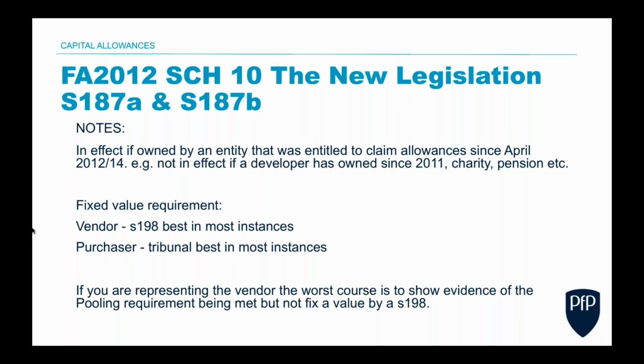Now that's generally very good news for the purchaser and very bad news for the vendor, because the tribunal's view is that you've got a purchaser that's made new qualifying expenditure on these items, and generally you've got a vendor who's just sold them at a profit. And therefore, as you can imagine, the value that comes out of the determination tends to be somewhere near that doomsday market value disposal we saw from non-compliance with the new legislation. So if you're selling a building, Section 198s are a must.